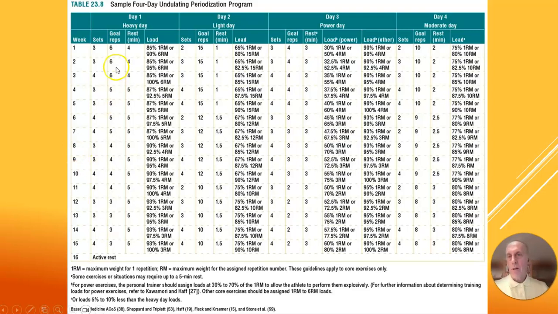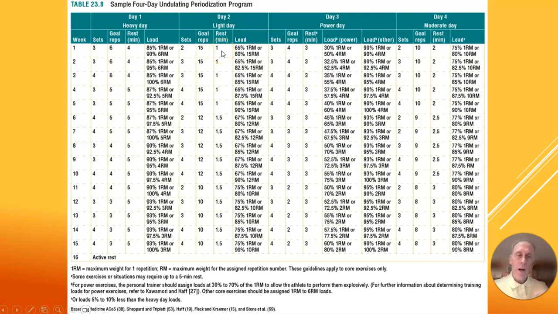And what you'll notice here is if you look at the sets and the reps from week to week, and also from day to day, what you'll find is this. Day 1 is a heavy day where you're doing 3 sets of 6 repetitions with 4 minutes of recovery in between. Here's your percents. When you have a light day, you have 2 sets of 15 repetitions and 1 minute of rest.